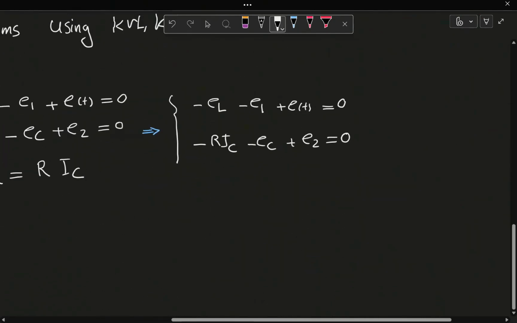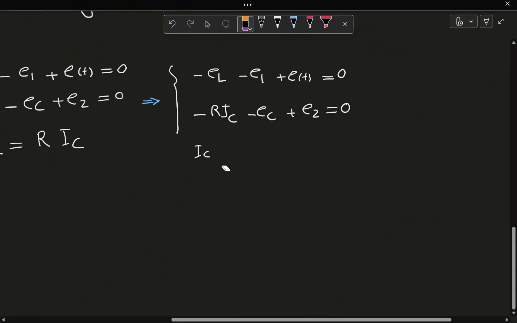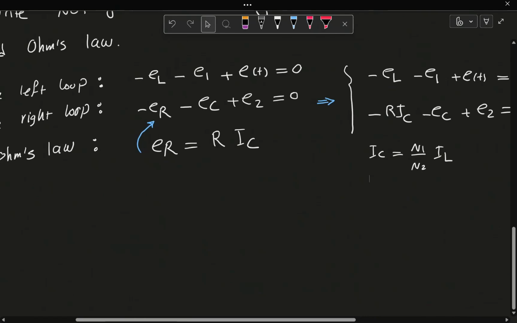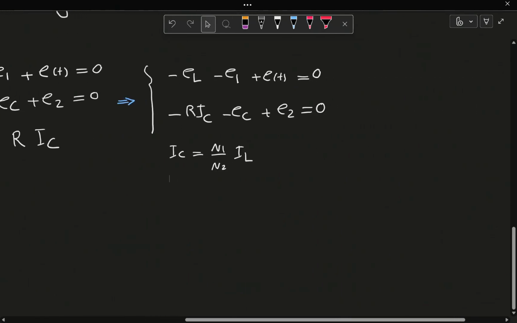You notice that your IC is in fact equal to N1 over N2 times IL, which, since IL is a good term, means your IC comes out as a good term as well. So here you can go back to the equation and substitute for IC directly there.